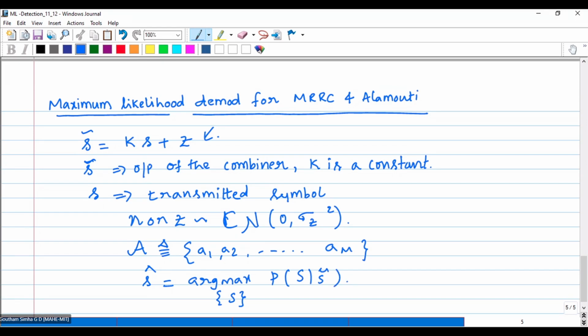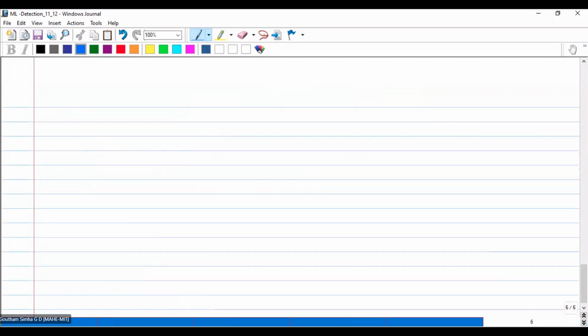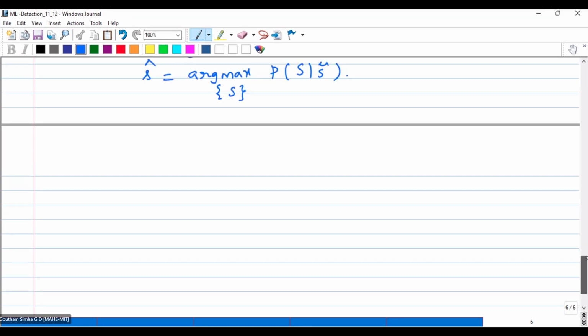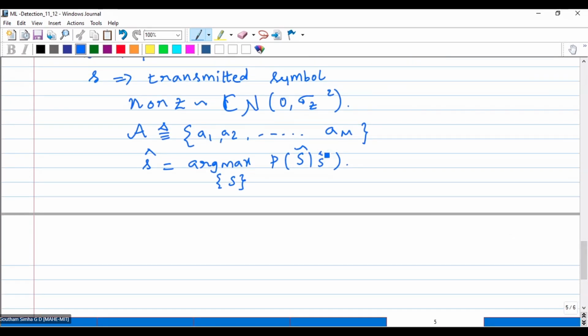The probability of S given S tilde denotes the probability that symbol S was sent, given that the output of the combiner is S tilde. The symbol that maximizes this probability is the MAP estimate, and the Euclidean distance you are going to calculate is the minimum distance decoding. The ML function is, what did I write? S tilde given S.